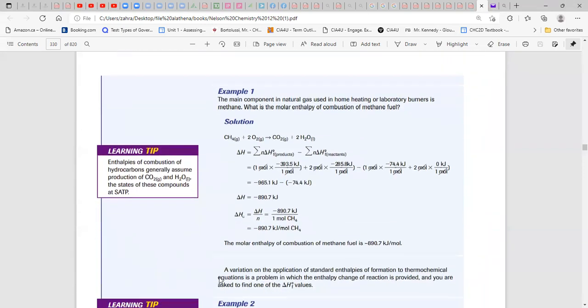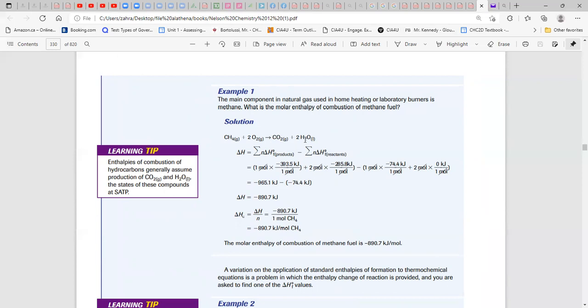So here is another one. You want to find the enthalpy change of that. From the back of the textbook, you get the enthalpy of formation of each of these components. So I know the delta enthalpy is the products minus the reactants. The formation of CO2 is negative 393.5. Since the coefficient is 1, you simply multiply by 1.